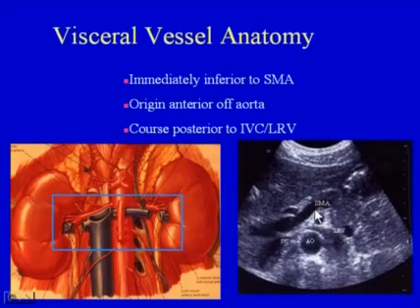Usually you can see the bright echoes surrounding the SMA, and then just immediately inferior to the SMA, you will see the left renal vein crossing anteriorly over the aorta. We see the aorta. Now you don't see the renal arteries, but they are located slightly posterior to the renal veins. But now you've narrowed down your field of view in which you need to locate and search for the renal arteries.